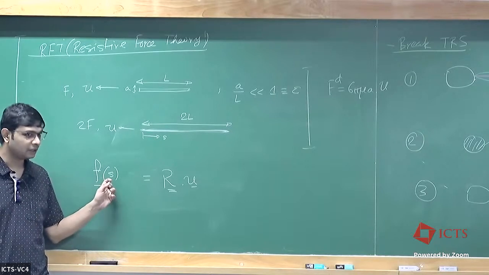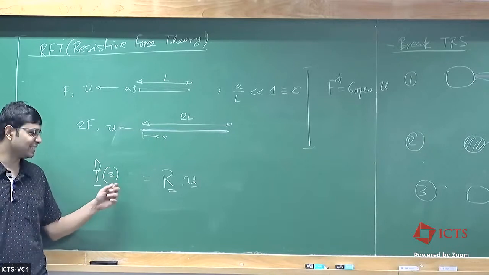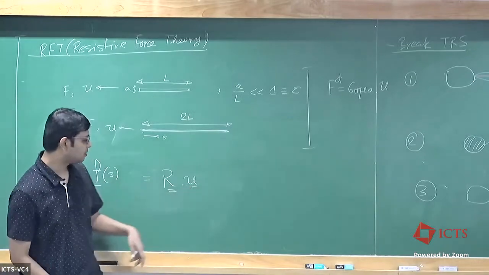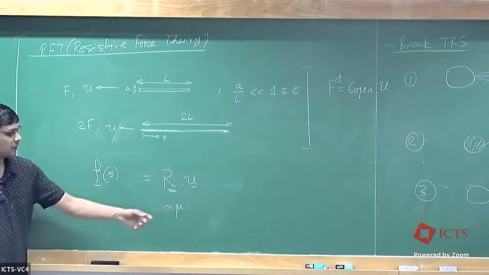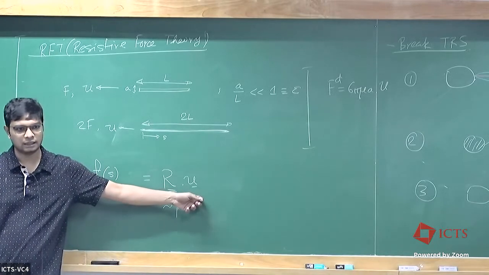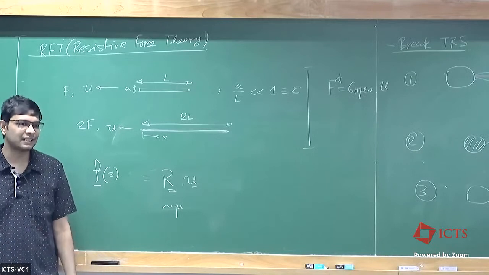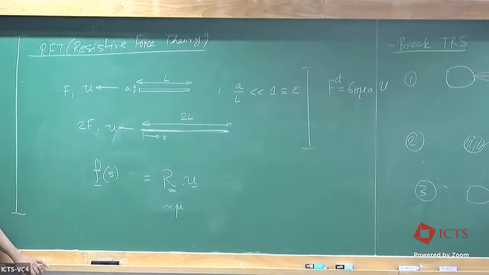This is force per volume, this is force per length. So this is force per length, this is velocity. So you can imagine that this is going to go as viscosity, because viscosity times velocity gives me force per unit length. And it sort of makes sense that if I increase the viscosity of the fluid, I will need to pull it with more force. So this should be proportional to viscosity.